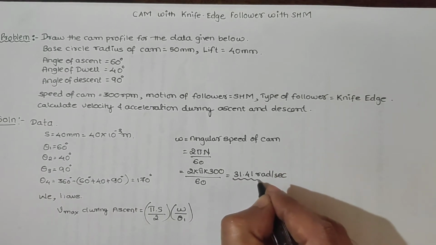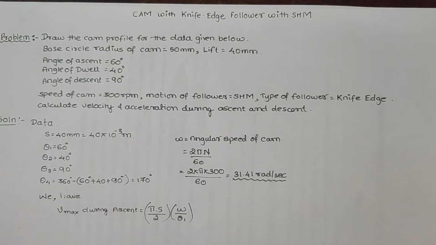So already I have found it out. Now replace that here, but here theta has to be replaced in terms of radians. So you have to multiply it by pi by 180. Let's see. Pi into stroke S, that is 40 into 10 to the power minus 3, whole divided by 2, multiplied by omega, that is 31.41.